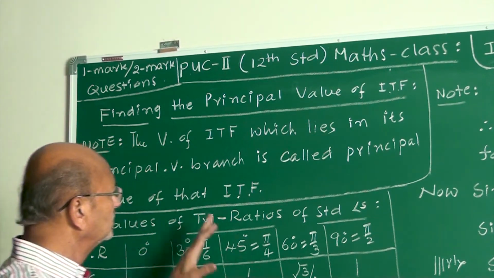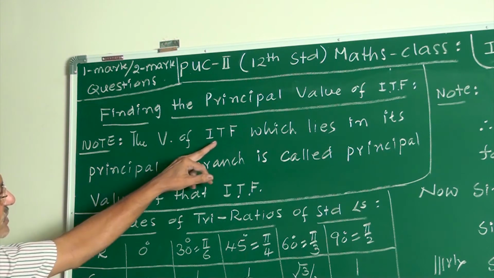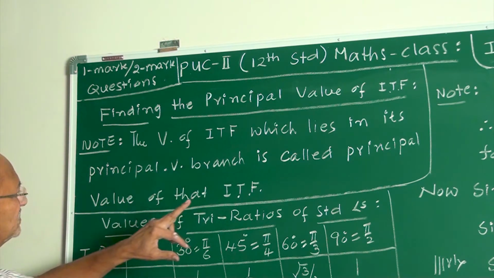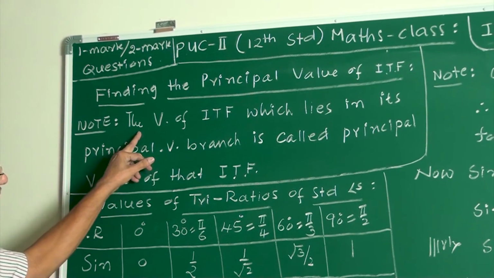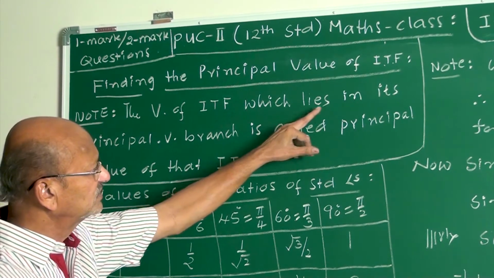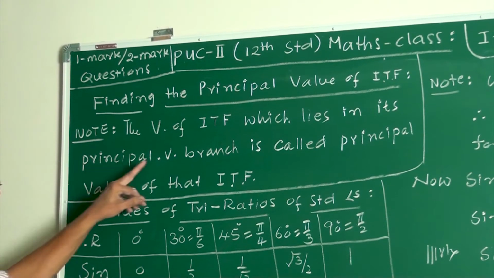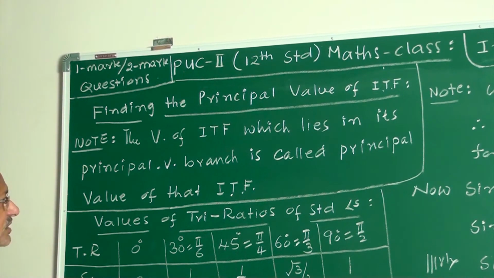Principal value. In this I made it clear, it is a note: the value of an inverse trigonometric function which lies in its principal value branch. What is the principal value branch? You know the columns.